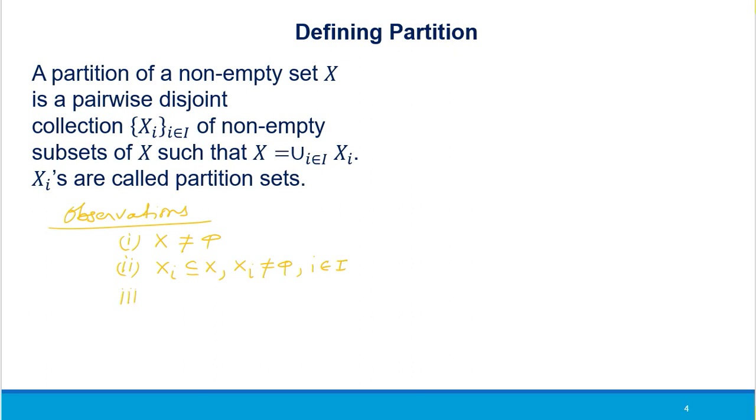The third, I can say that Xi intersection Xj is equal to phi for i not equal to j, and the fourth one is the union of Xi where i runs over the index set I is equal to X. On the basis of these observations, we are going to have the definition of partition. So, what is the definition we are going to frame?